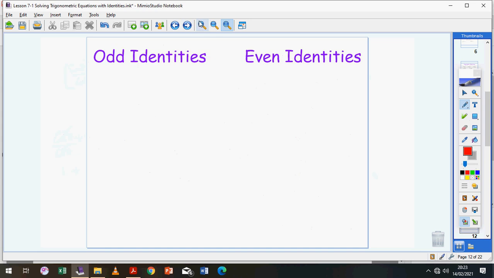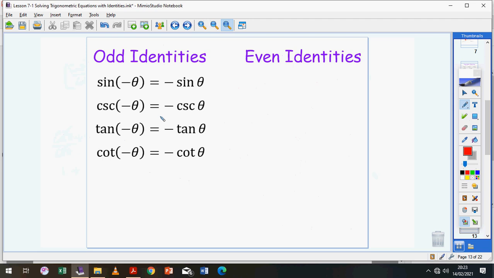Now there are other identities. There are the odd identities, and I hope you remember what odd functions mean. Changing the input value changes the sign of the output of the function. So if I have a negative on the angle, that negative might just as well be written in front of the function.